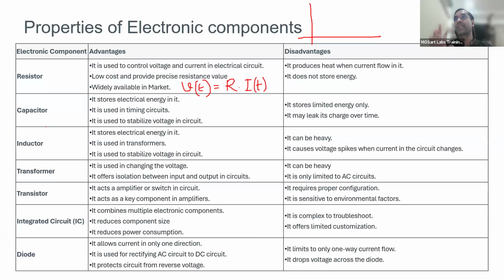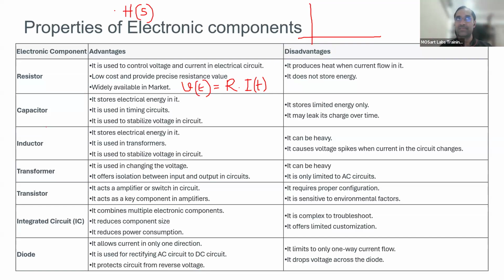So whenever you are asked to draw transfer characteristics, what is the definition of a transfer characteristic? In mathematical terms, they call it H(s), or the gain, or transfer function. What is a transfer function? It is simply the ratio of output to input.